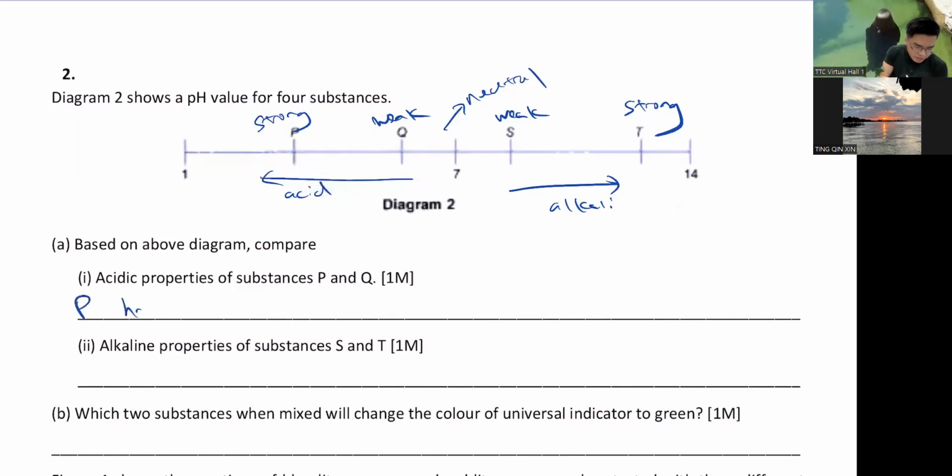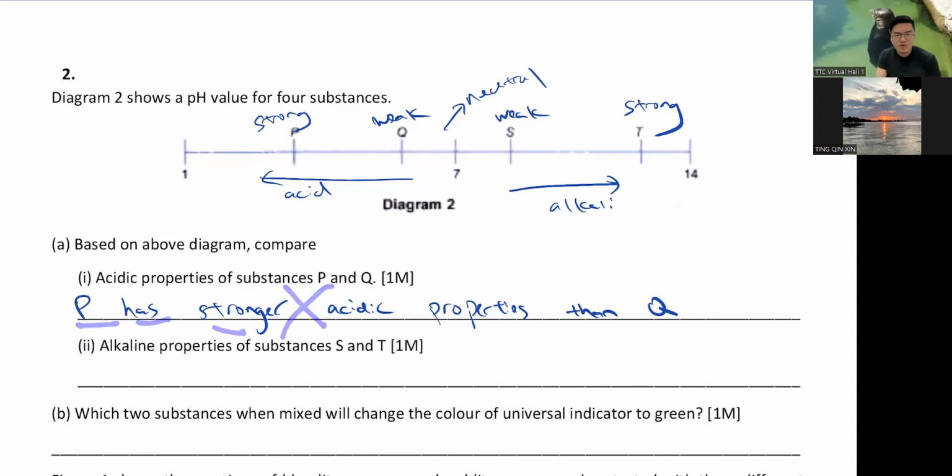So P has stronger acidic properties than Q。你要写到 comparison，你要比较到就可以了，谁 stronger than 谁。Alright, so 不要写到这样 P is stronger 就 stop，很多人会 stop 在这边的。P is stronger than who?